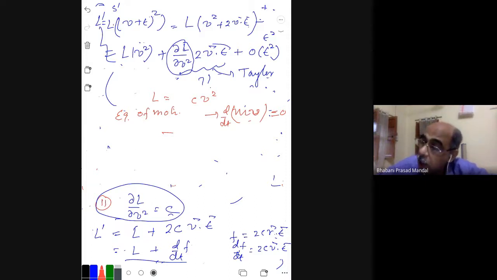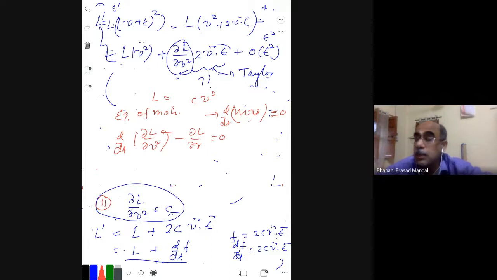So let us now use the Euler-Lagrange equation: d/dt of del L del V minus del L del R equals 0. This is my Euler-Lagrange equation. But the second term I have already seen is 0 because of homogeneity of space. So space is cyclic. Here R is cyclic. Another example.